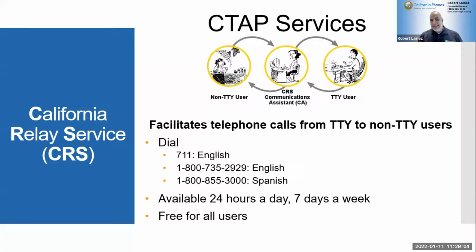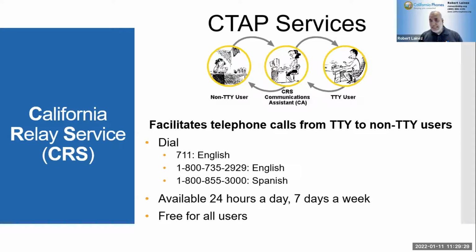What they do is connect through their teletype machine with what we call a communications assistant. That communications assistant will connect with a business or family member or whoever it is that they need to speak to.